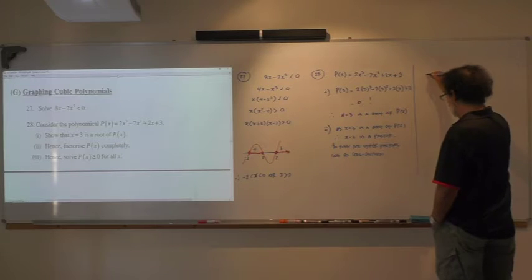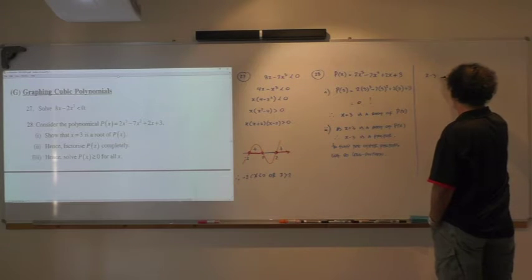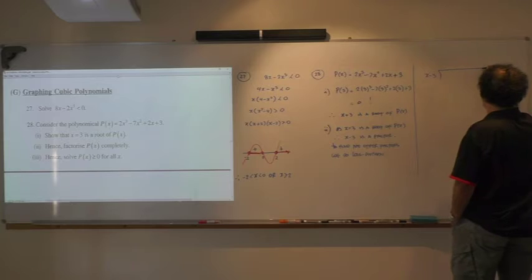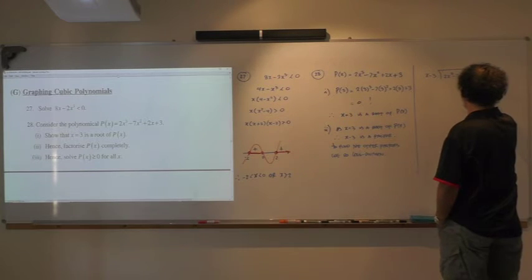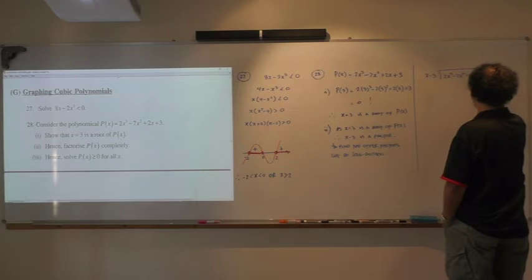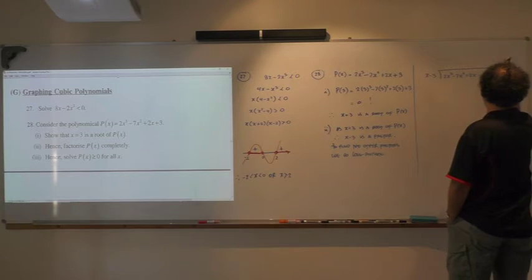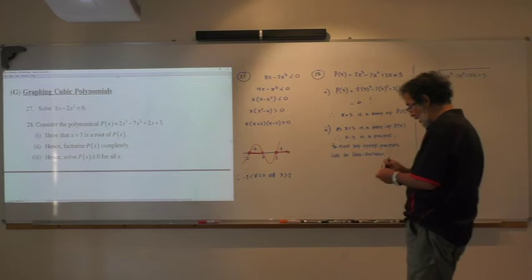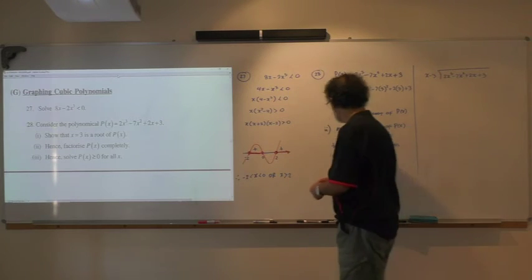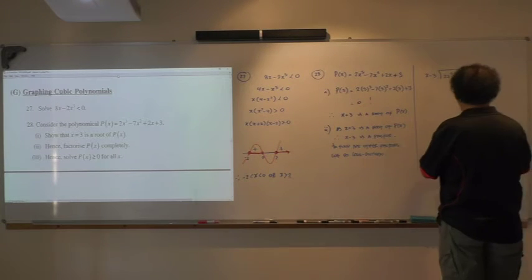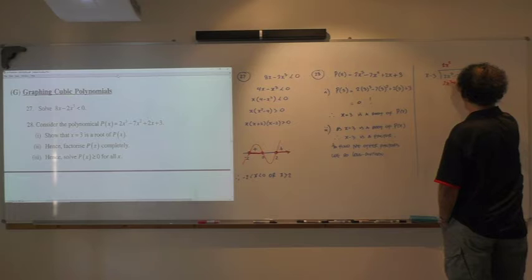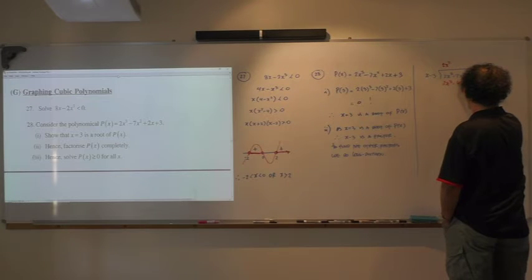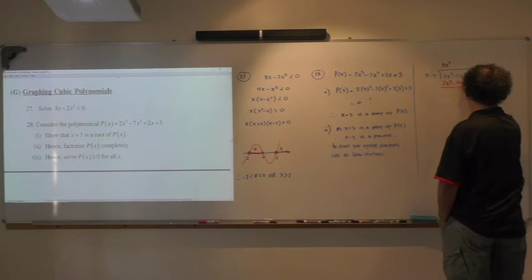Alright, so we have x minus 3, and then we have 2x cubed minus 7x squared plus 2x plus 3. The first term is 2x squared, so we have 2x cubed minus 6x squared.